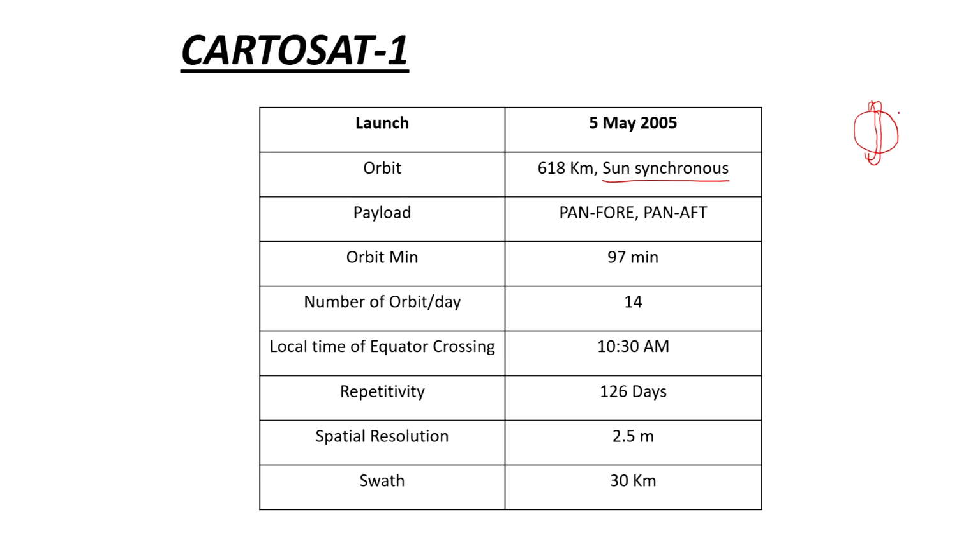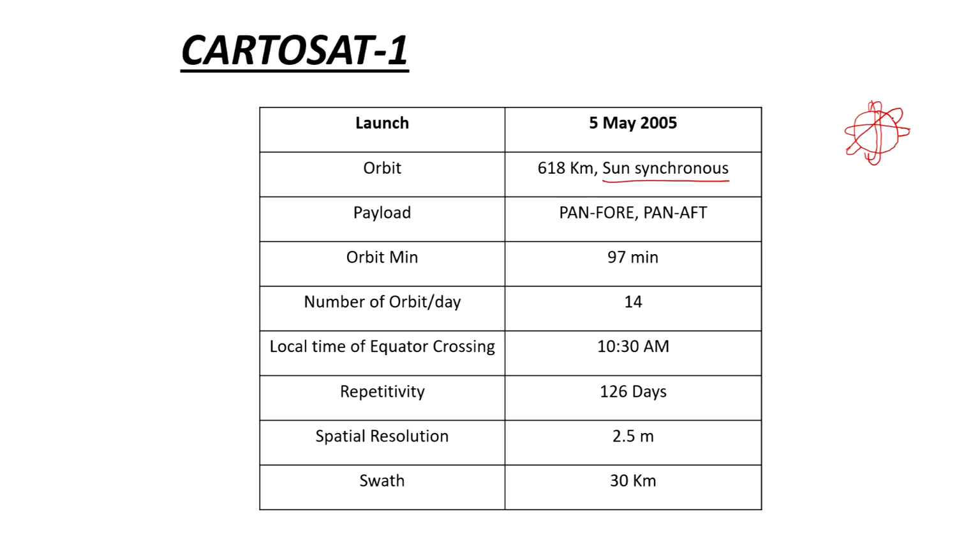So there are three kinds of orbits available. One is polar or sun synchronous orbit, another is the equatorial orbit, where the satellite is moving from equator to equator, that means east to west, and another is the geosynchronous satellite. Those satellites are basically navigation satellites.